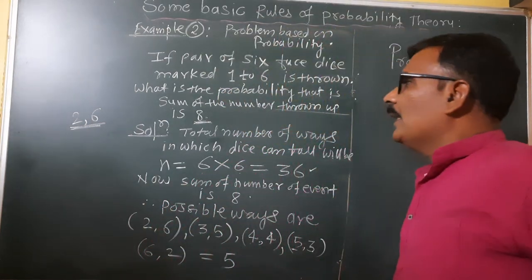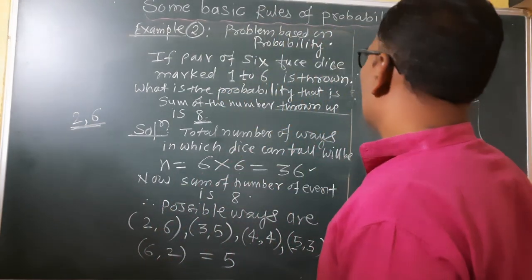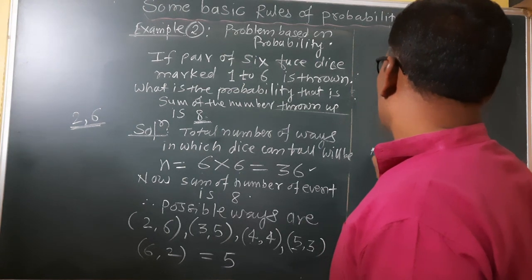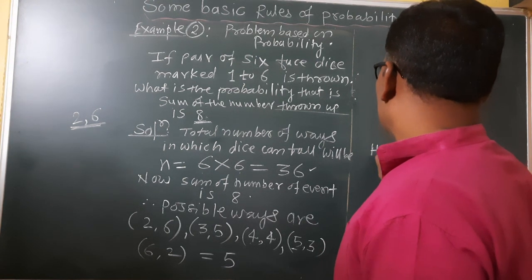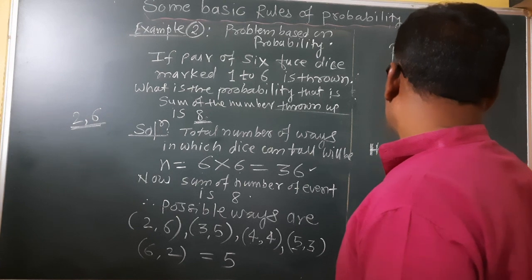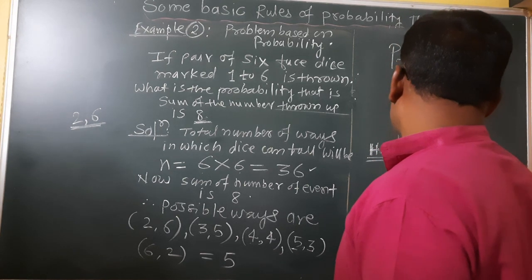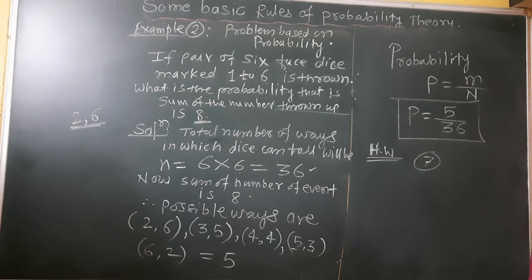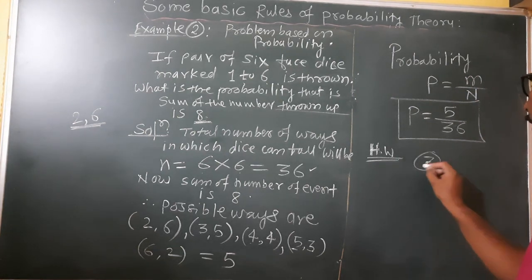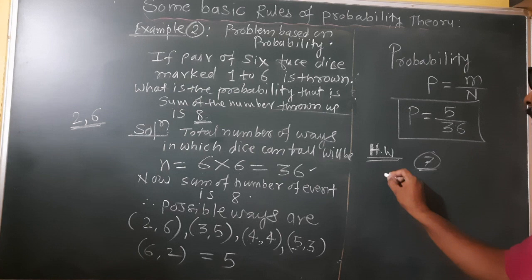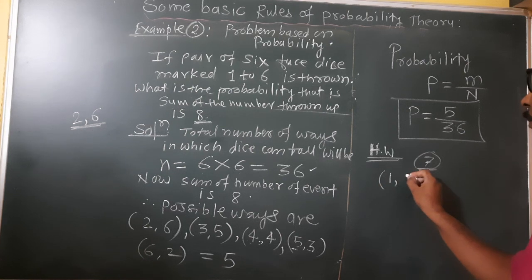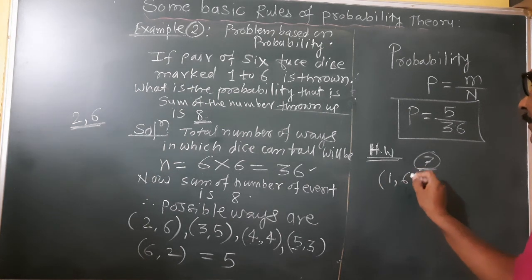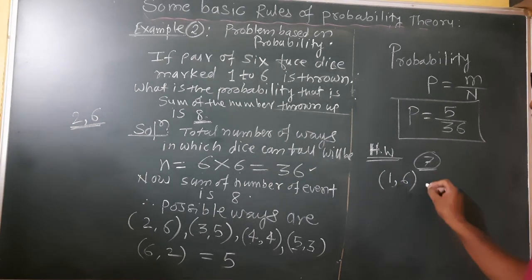Another example may be asked for homework. We consider the sum of the numbers, and let us take 7 instead of 8. When 7 comes, what is the probability of getting 7? First of all, we consider 1, 6, addition is 7.